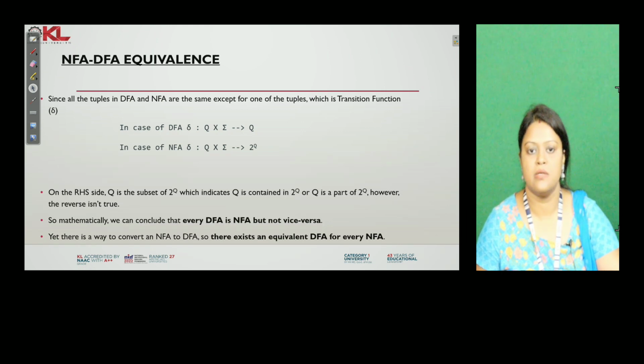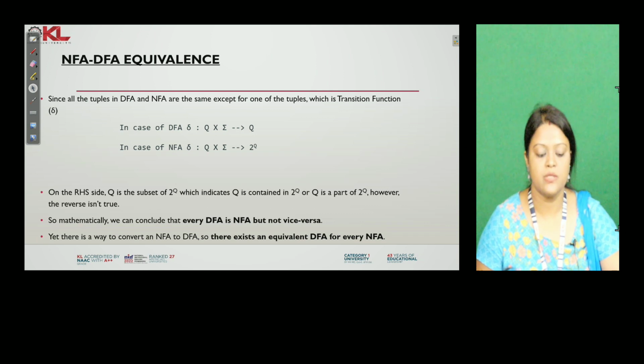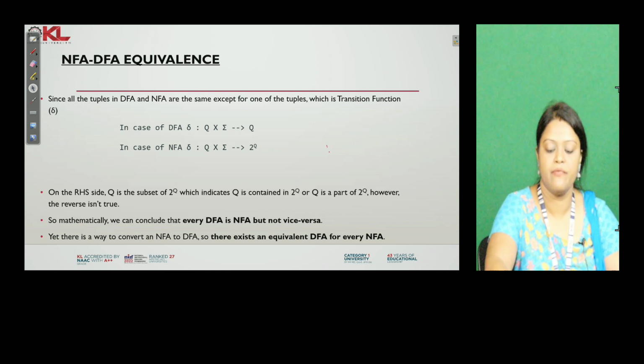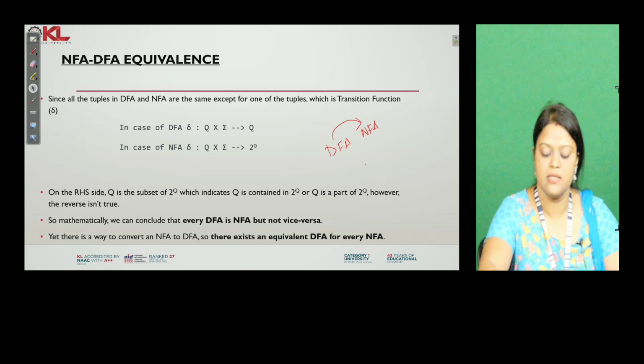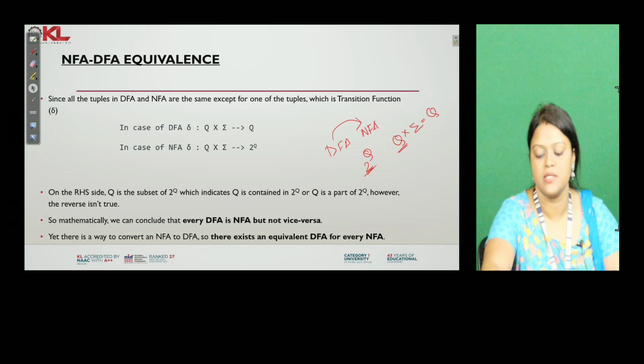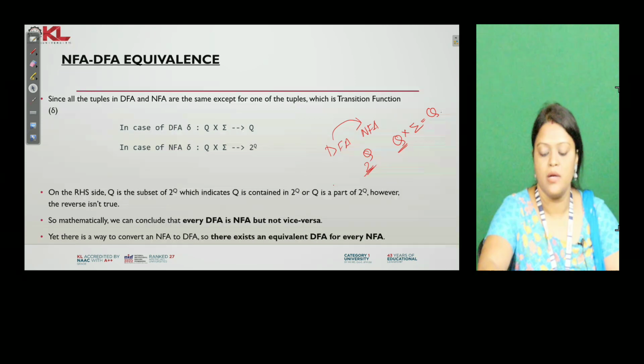Now NFA and DFA equivalence. Every DFA behaves like an NFA by default, because in a DFA, whenever we go from Q × Σ, we go to at least one state among the 2 to the power Q states. So Q belongs to at least one of these 2 to the power Q states.